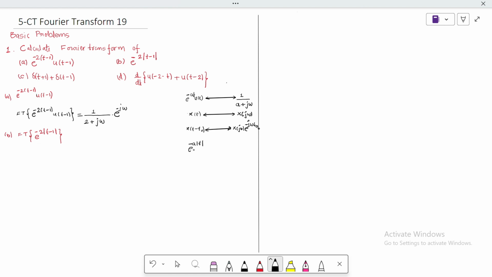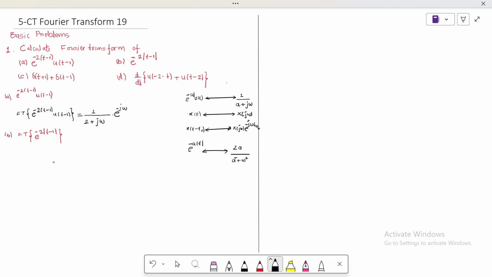By default it represents e power minus at into u of t plus e power at into u of minus t, and that equals 2a by a square plus omega square.